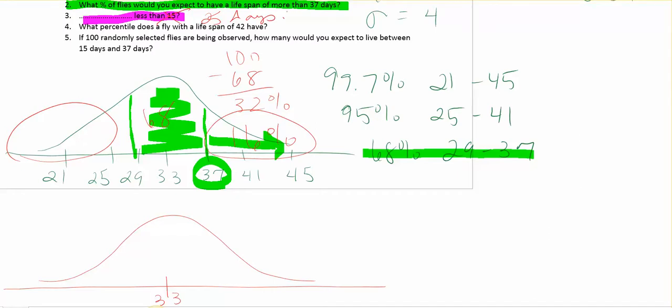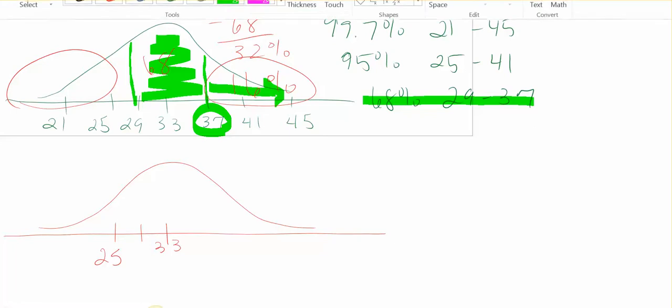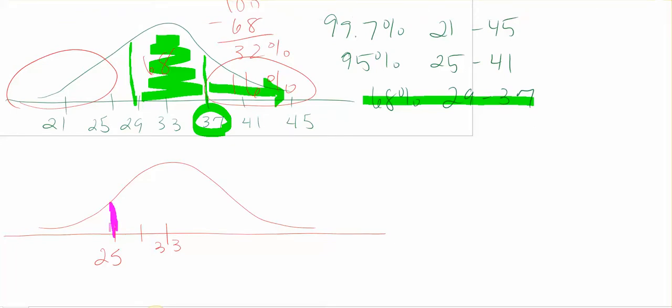So I go to my table. I don't have it redrawn, but I can. 25 is 2 standard deviations away. Did you notice that? All right, and I want less than 25. So I want here and under. Well, 25 was part of this interval.